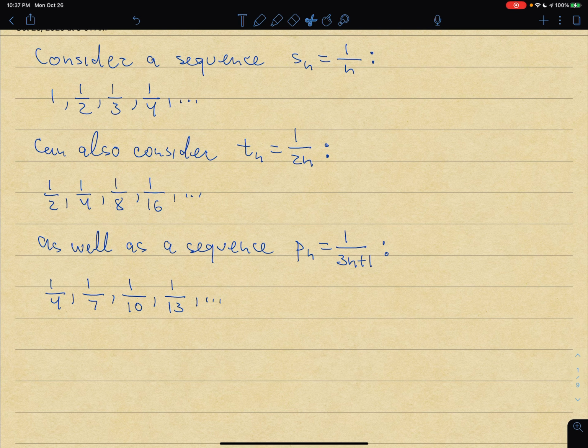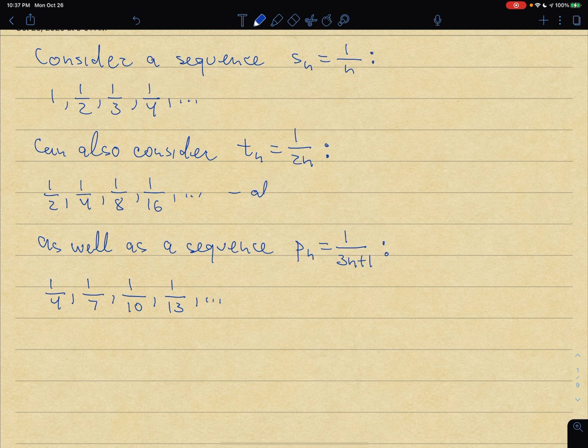But 1 over an even integer is going to be also included here, right? A sequence of 1 divided by any integer will include in itself a sequence of 1 divided by any even integer. So all terms of Tn are actually also terms of Sn, and they appear in Sn in the same order, right?